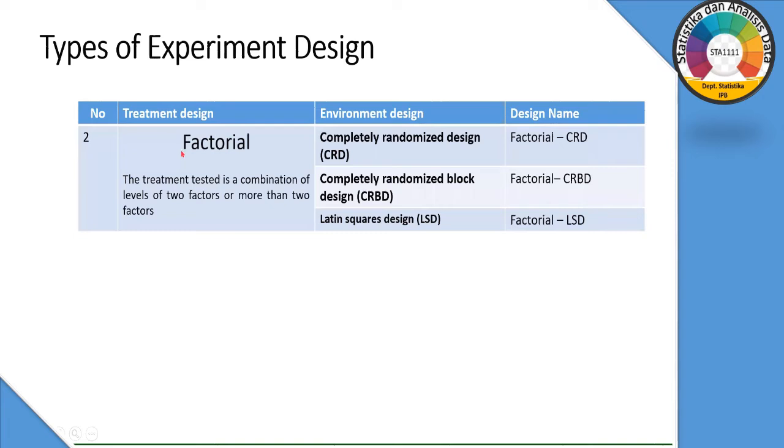So in the factorial design, for example, let's say I want to see the effect of dose, let's say 5, 10 or 15, and types of medicine, let's say only A and B, on blood pressure.